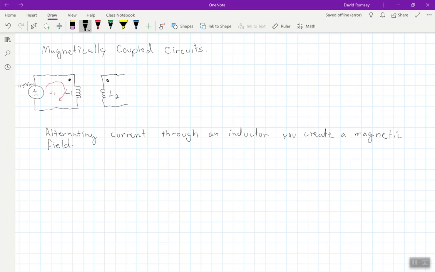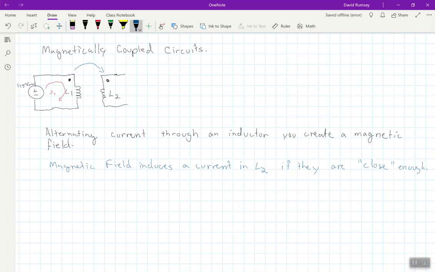Now, when this magnetic field is being generated, it induces a current in L2 if they are close enough.